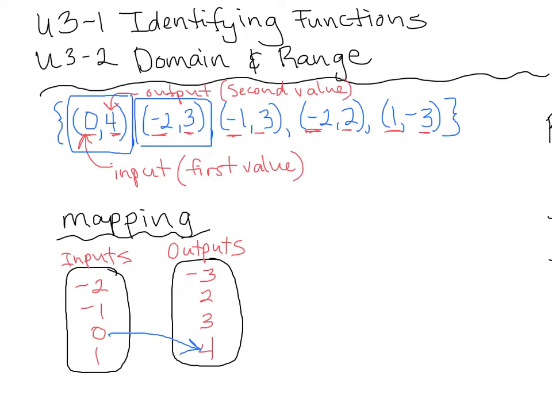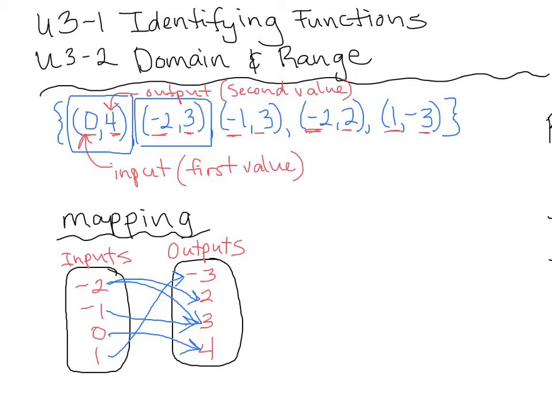So -2 at input gets matched with 3 as the output. -1 is also matched to 3, so there's 2 arrows going to 3. -2 was matched to +2, so notice it had 2 numbers that it went to, so there's 2 arrows coming out of -2, and then 1 is matched up with -3 on the top. And that's a mapping, okay?